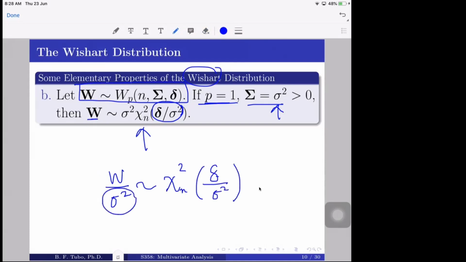So sometimes the book writes it in this manner.